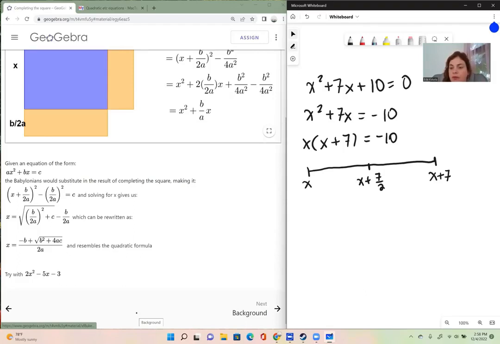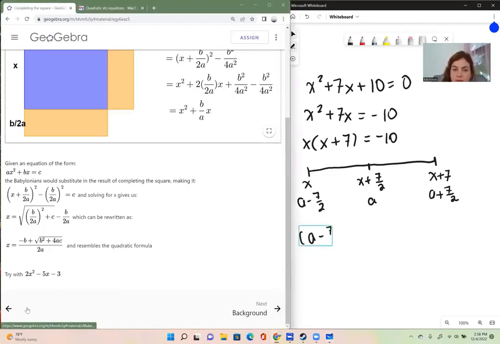Okay, so from here, we're going to reassign variables. The middle we will call a, and then the left side would be a minus 7 over 2. This would be a plus 7 over 2.